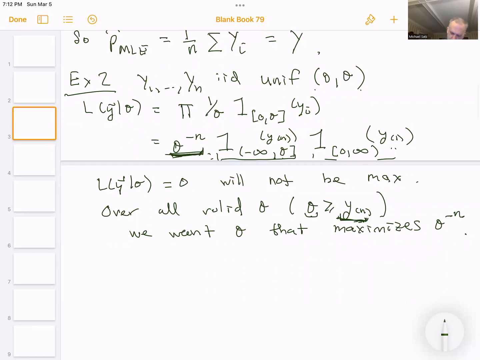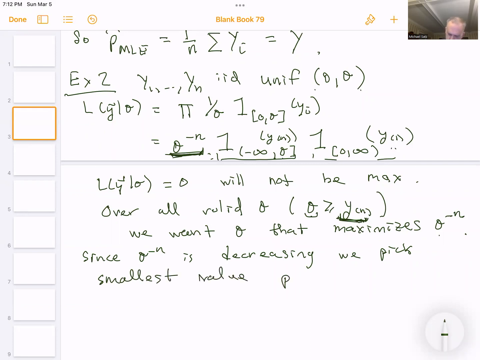So overall, valid theta is bigger than or equal to the max. We want the theta that maximizes theta to the minus n, and since theta to the minus n is decreasing, we pick the smallest value possible for theta.